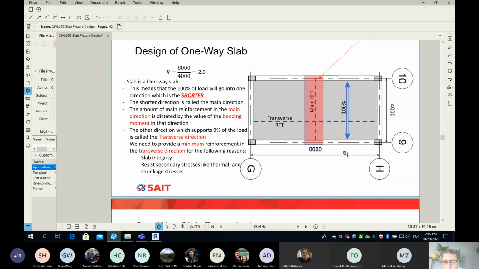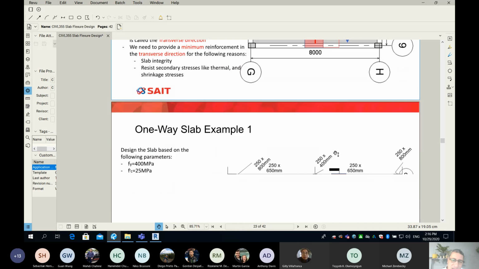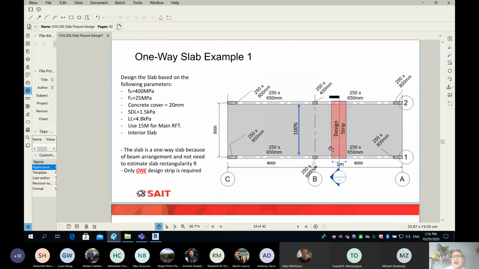And number two, there are some extra stresses that we never accounted for, like shrinkage and thermal stresses, and that's why we add the minimum. This is the big picture, guys. Now time to put everything you learned so far in a numerical example.